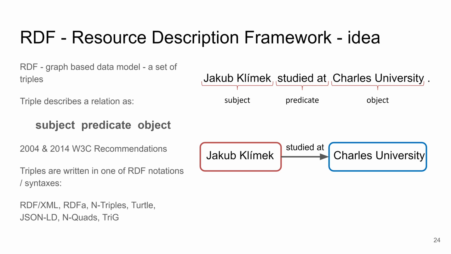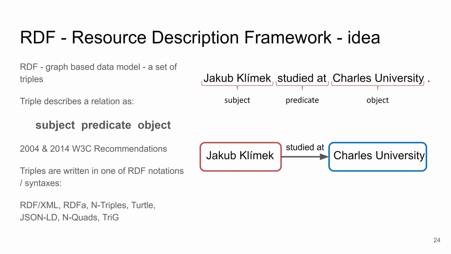And in RDF, we can view this statement as an RDF triple, where the first part of the triple we call a subject, the second part of the triple we call a predicate, and the third part of the triple we call an object. The subject is the entity we say something about.